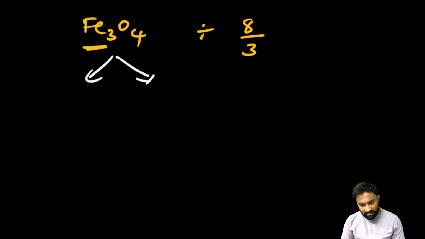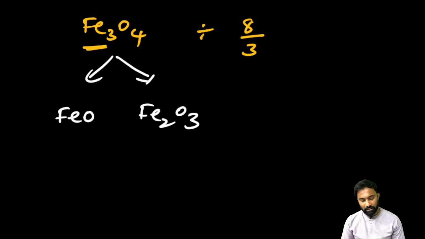So iron will exist in this compound as FeO and Fe2O3. In the first one, the iron oxidation number is plus 2. Now in this case the iron oxidation number will be plus 3. Right? Done.